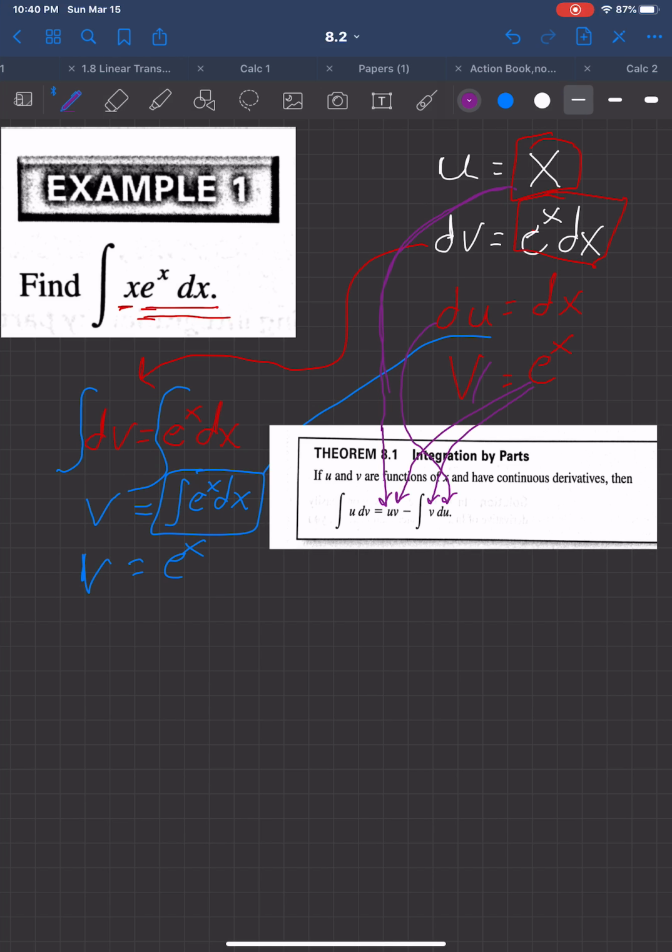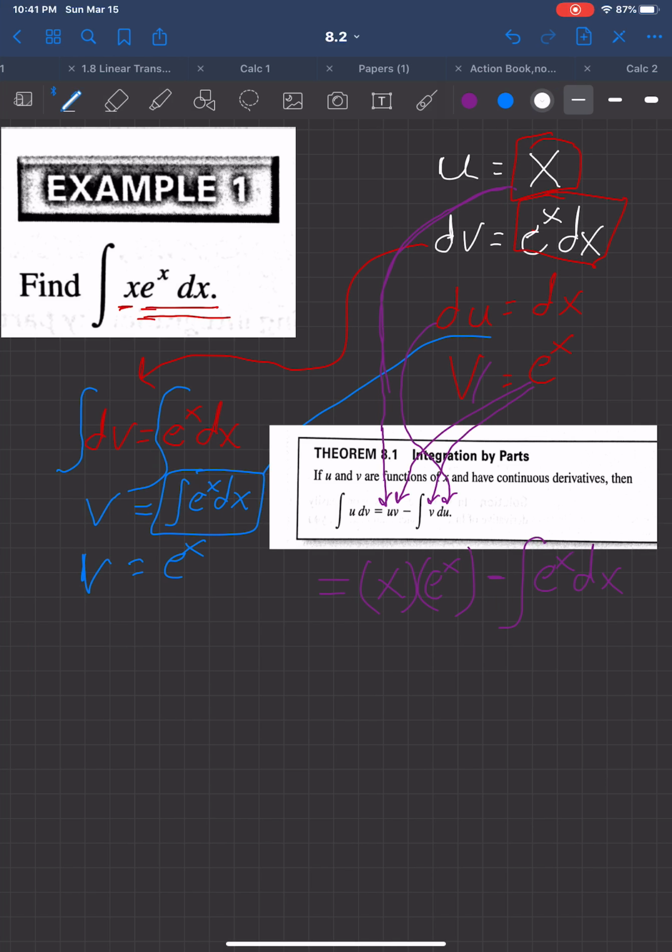All right. So, ready? Let's finish this up. We have u times v, so that's x times e to the x minus the integral of v du. So v is e to the x, and du is dx. Beautiful.